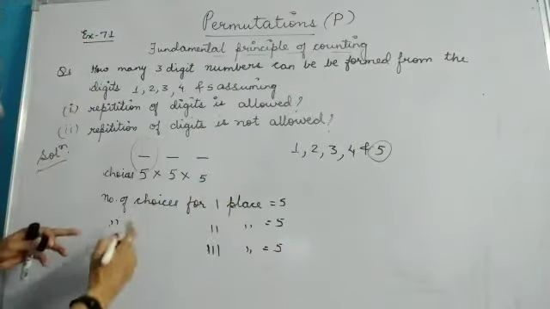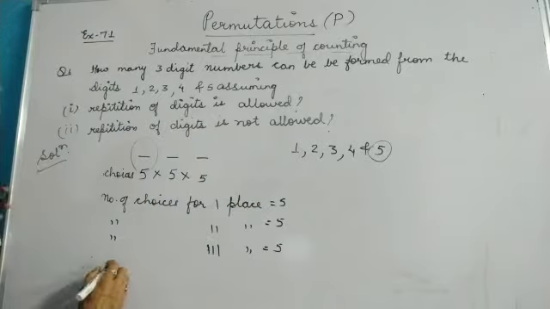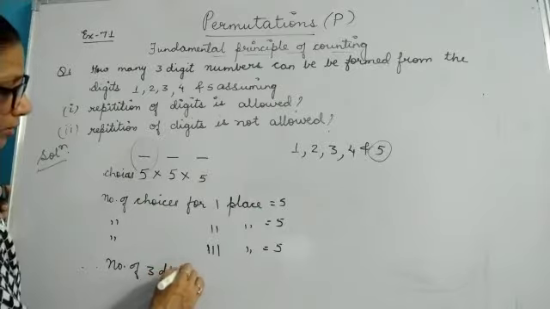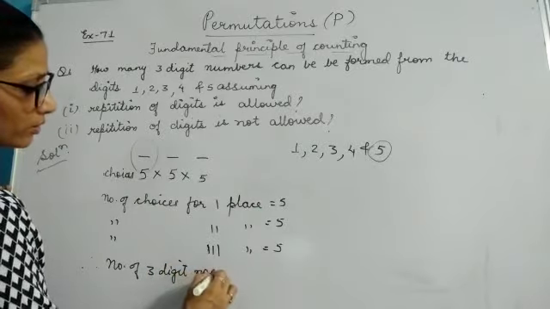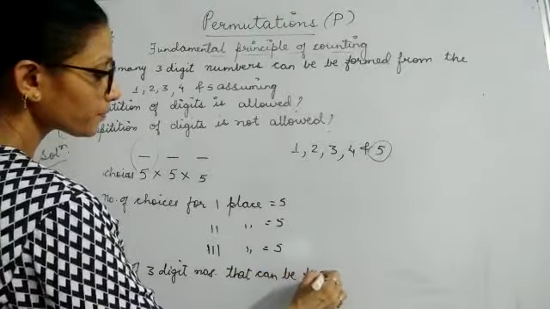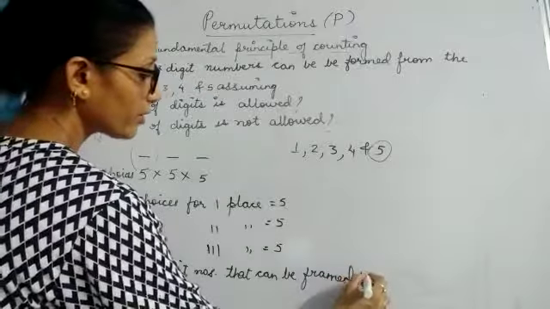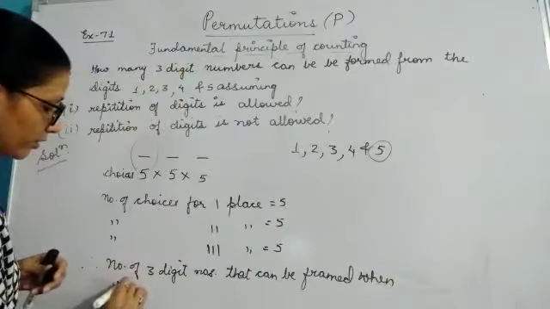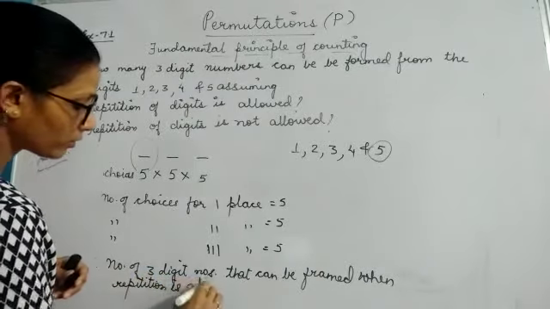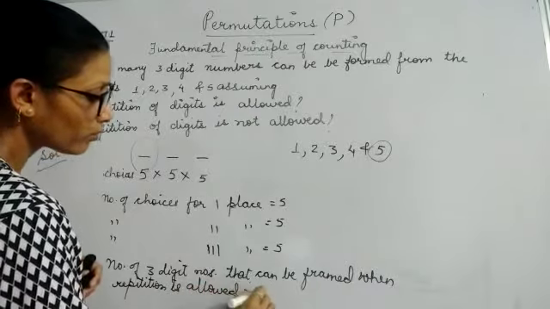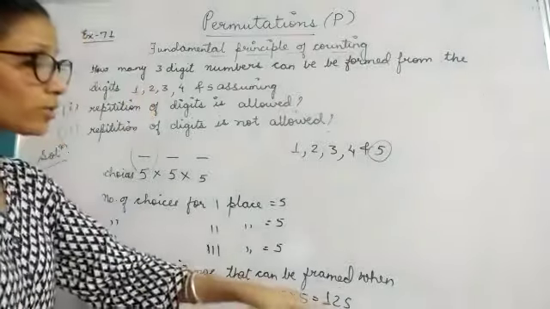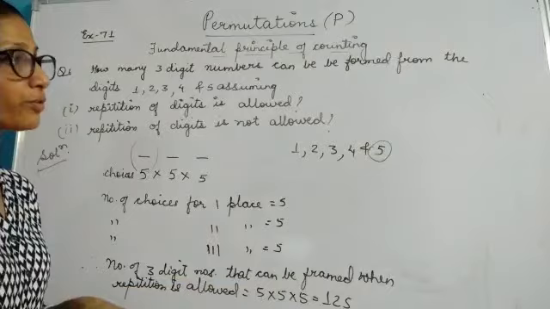So by the fundamental principle of counting, you will be able to find out, therefore, the number of 3-digit numbers that can be framed when repetition is allowed. It will be 5 into 5 into 5, that means 125. So there are 125 3-digit numbers.